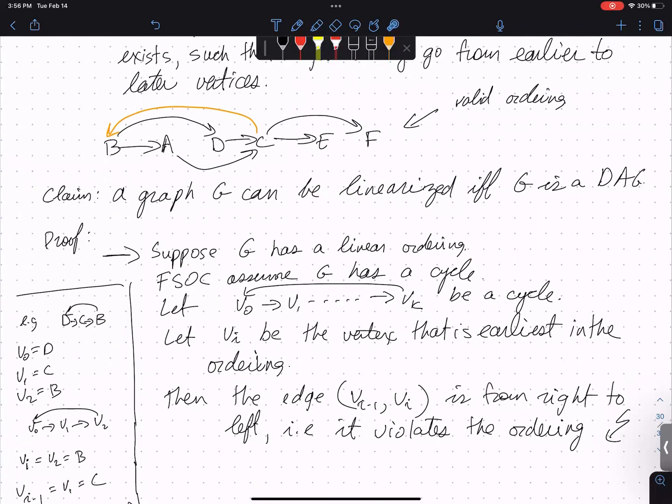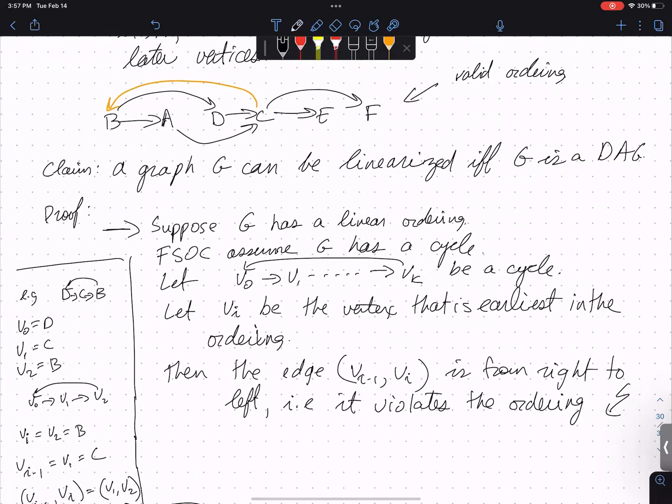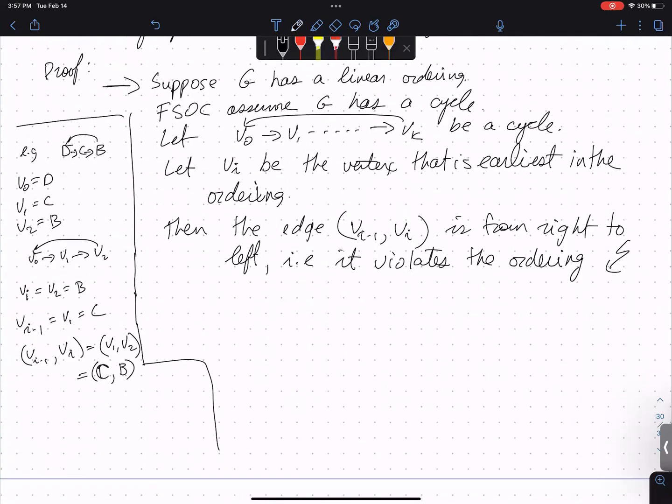So instead of BADC like that, we could have written B A C D. And then the cycle would have been, again, D to C, C to B, B to D. So in this case, the Vi would have been this guy.